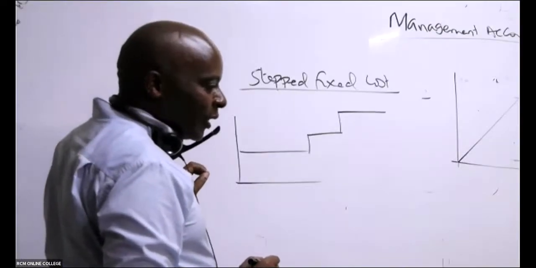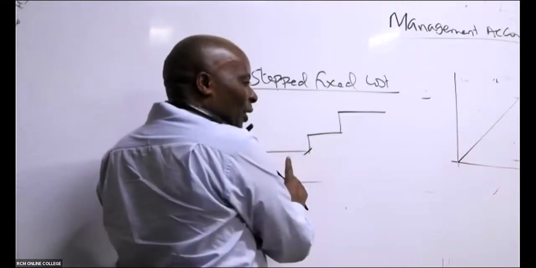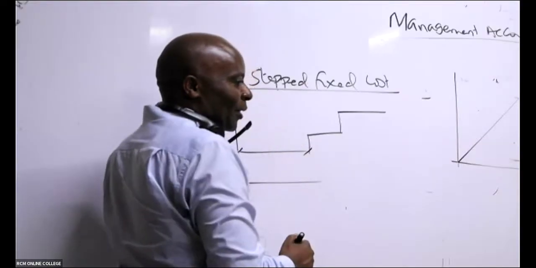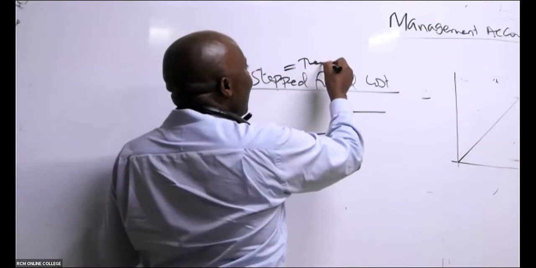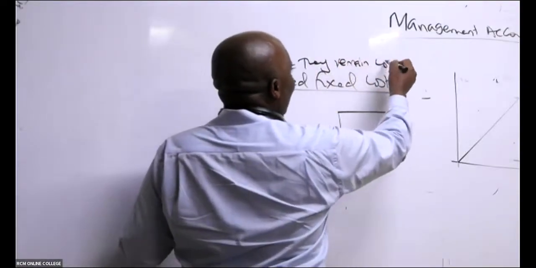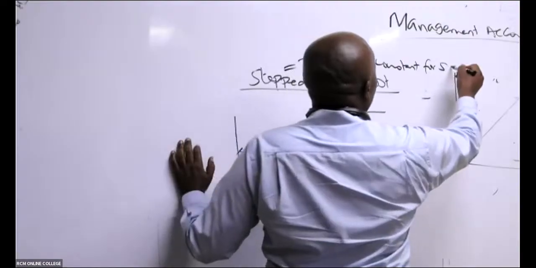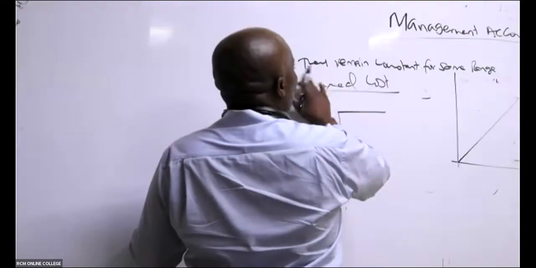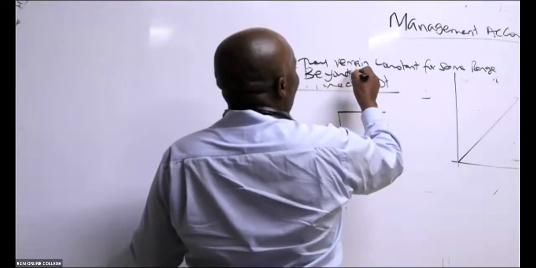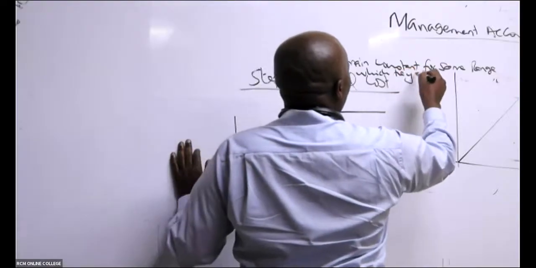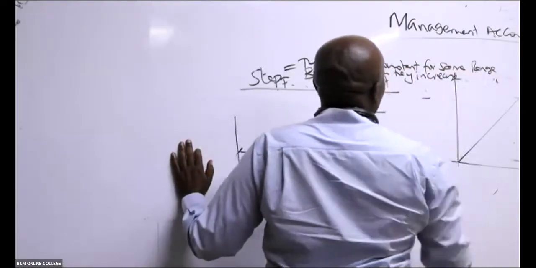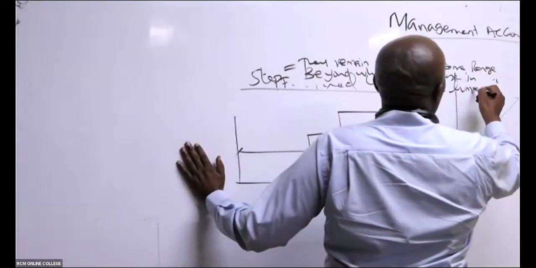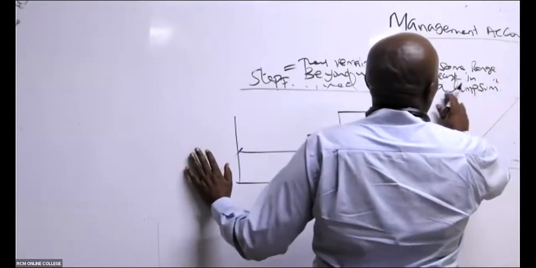So stepped fixed costs, ladies and gentlemen, remain constant for some range, beyond which they increase in a lump sum amount. They remain constant for what here, somebody? Some range, beyond which they increase in what here, somebody?